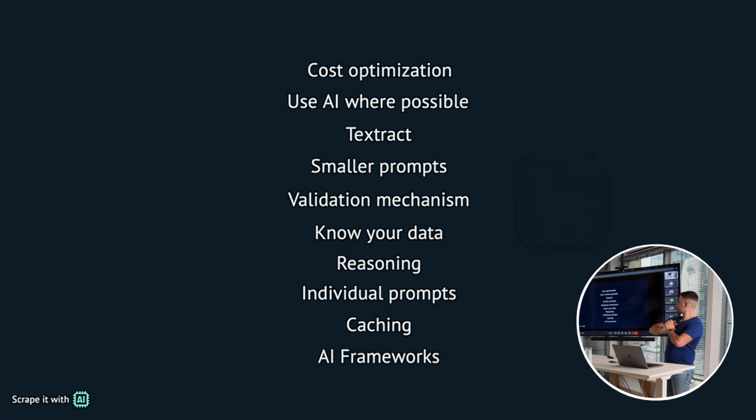So just to summarize the whole presentation, there are some key points that need to be considered when it comes to AI scraping. First is cost optimization. You need to see whether you really need the model that you're actually using. You need to consider whether switching to a cheaper model would be enough for you. Use AI where possible. If you have the option to use AI for some manual activity, just do it because it really helps you.